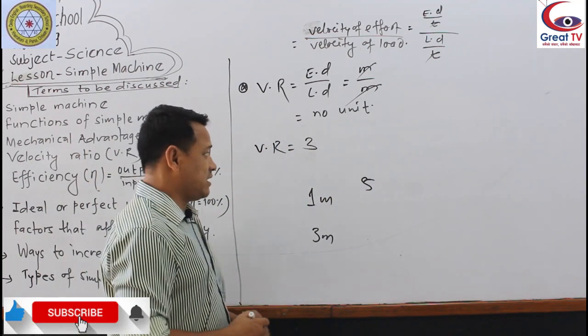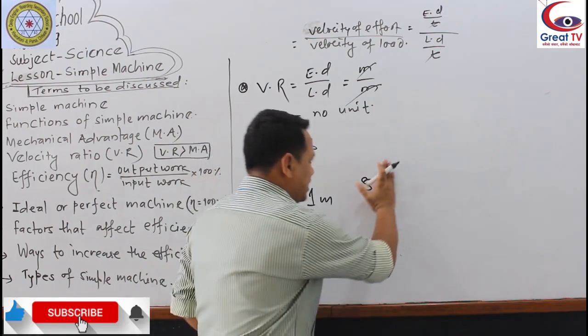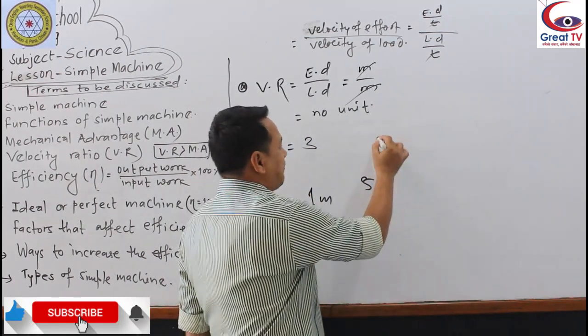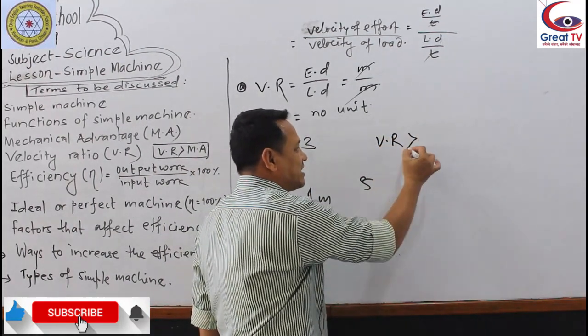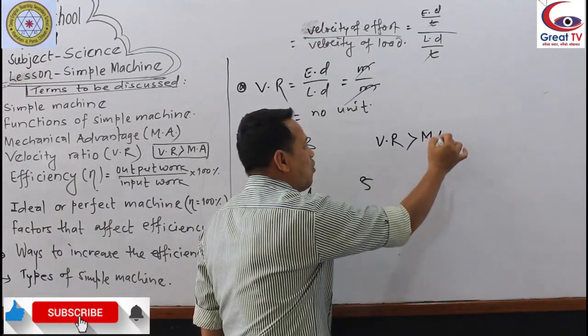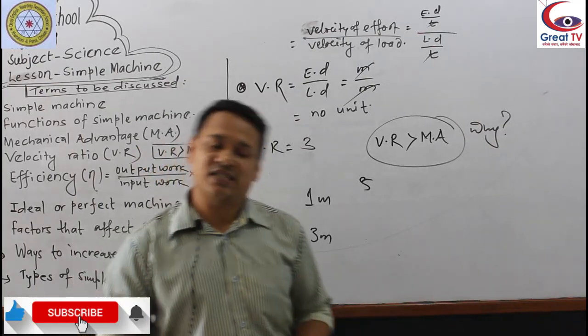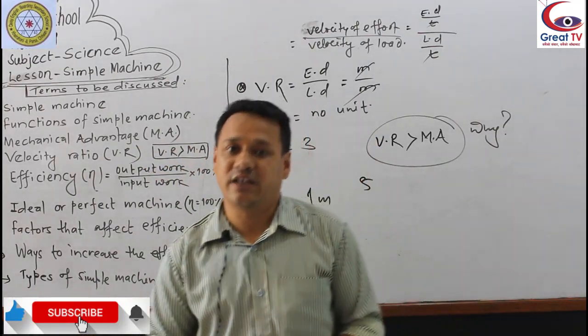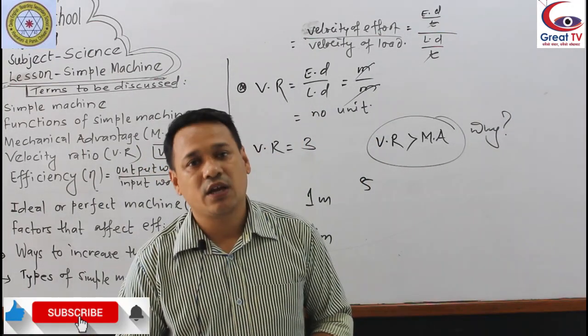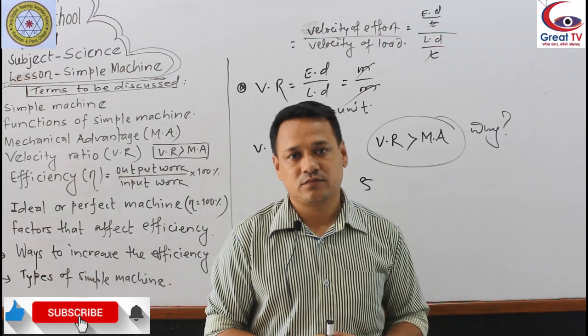Okay, and dear students, I think in class 8 also you have read VR is always greater than MA. Velocity ratio is always greater than mechanical advantage of a machine. Why does it happen?